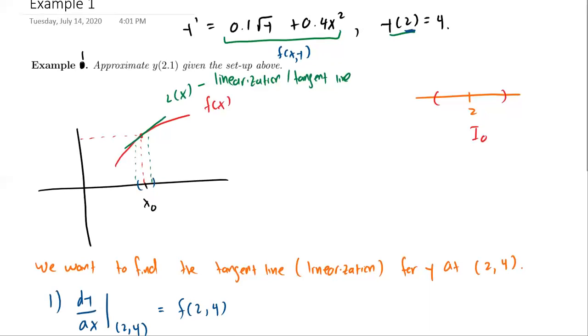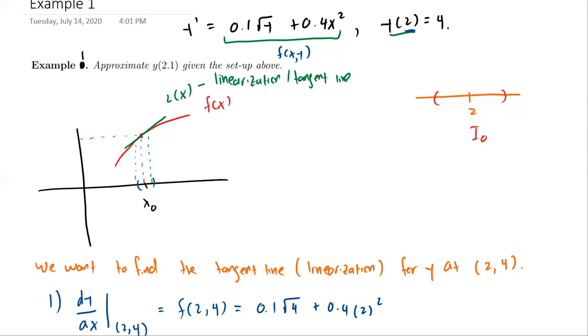Right? This is going to be 0.1 times the square root of 4 plus 0.4 times 2 squared. Now, I'm going to put this into my calculator. So square root of 4 is 2. 2 times 0.1 is 0.2, right?